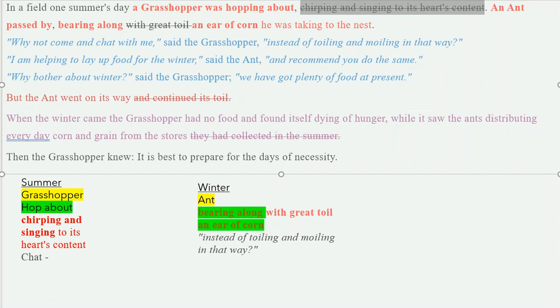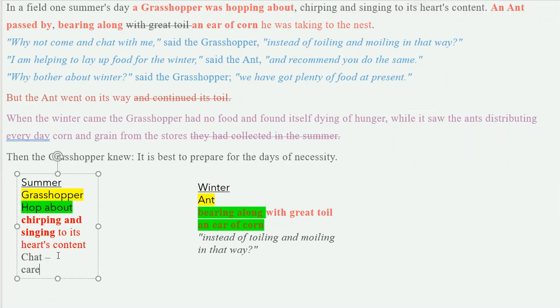We've cut it out, but if we put it back, what do these words communicate? They accentuate the happiness of the summer day in the countryside. It's just so lovely, and all you want to do is sleep or sing to your heart's content. What a carefree moment.